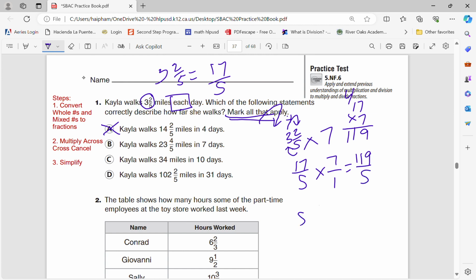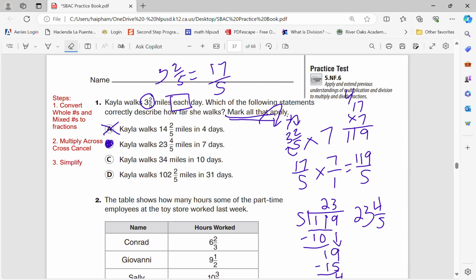Let's go ahead and divide that. 5 goes into 11 2 times, gives me 10. Subtract that, bring down the 9, and that's going to be 3 with the remainder of 4. So we have 23 4/5, which matches statement B. Let's go ahead and mark that since it is true.